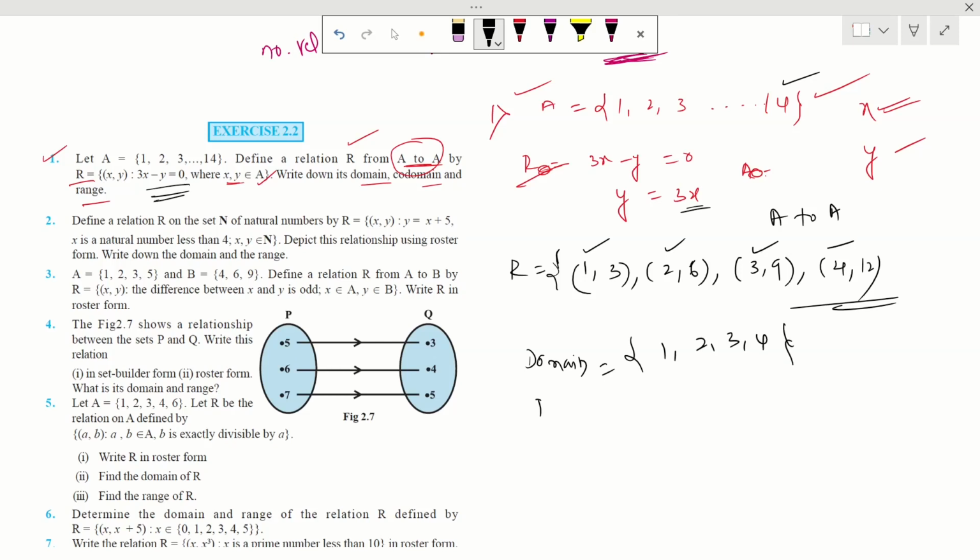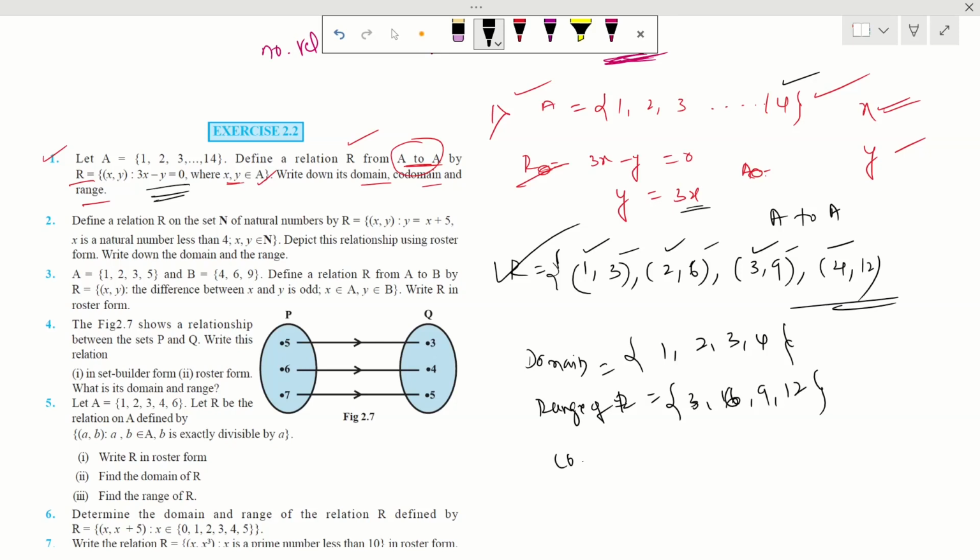And the range is the second elements of the ordered pairs. These are ordered pairs, right? So the second elements from the relation are 3, 6, 9, and 12. This is called the range of the relation.